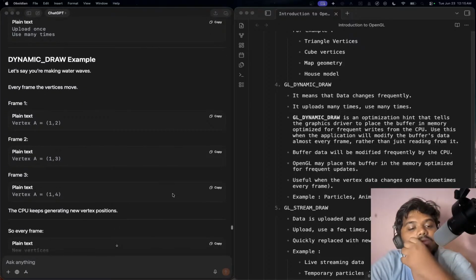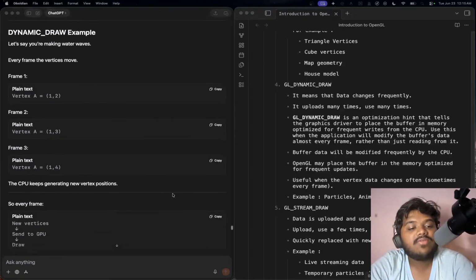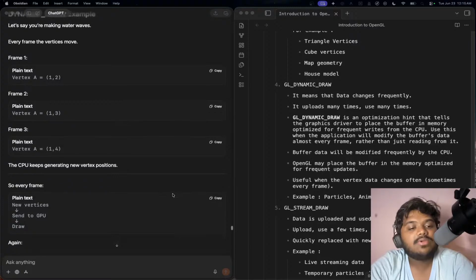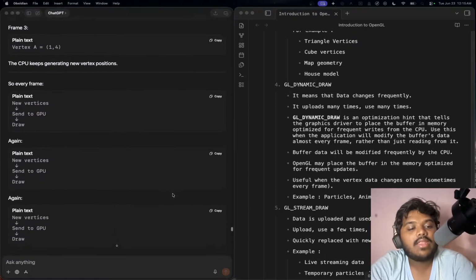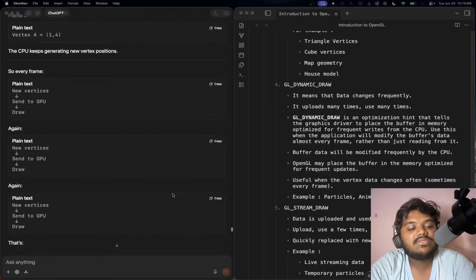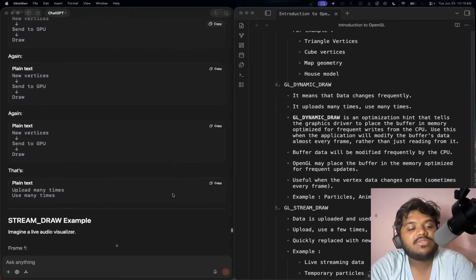So the CPU keeps generating the new vertex position. Every frame, the new vertex is sent to the GPU and drawn again. I upload many times and use many times.